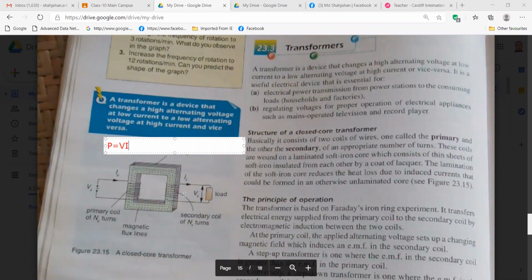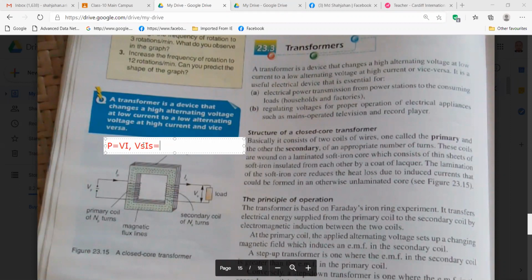So we can write: power for the primary is equal to power of the secondary, right? If so, this formula we can write: Vs Is equals, this s you'll write is small, like this.